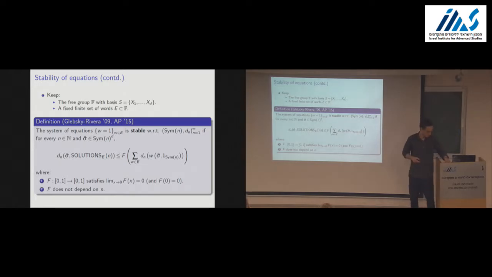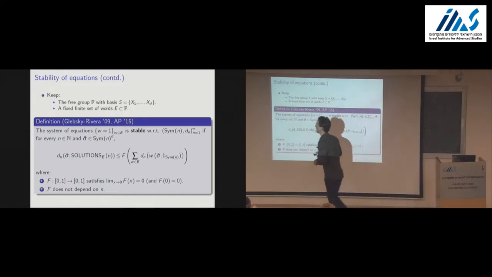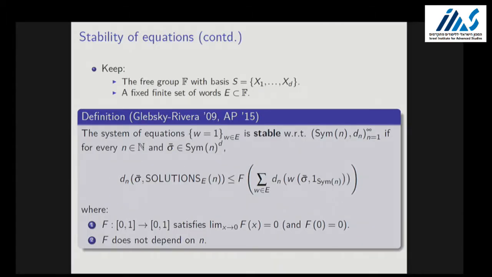Let me just write what should be written there. It's a sum of the distance between W when you substitute sigma and the identity, where I run over all the equations.